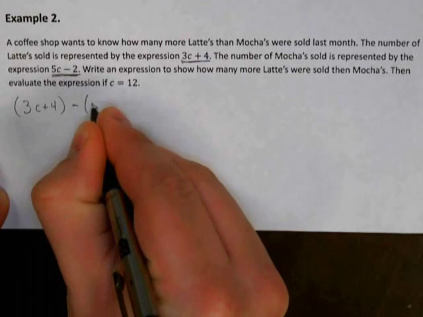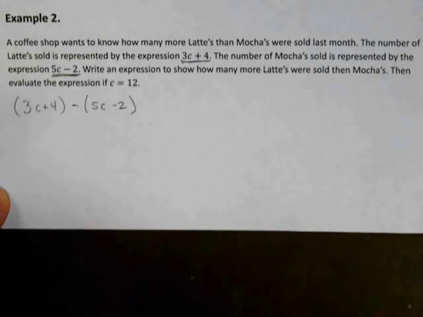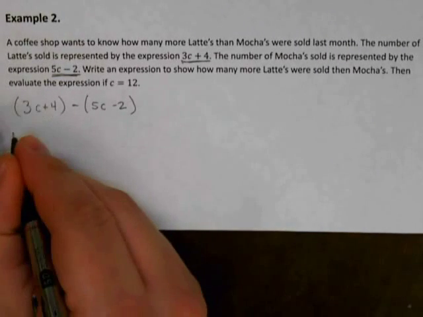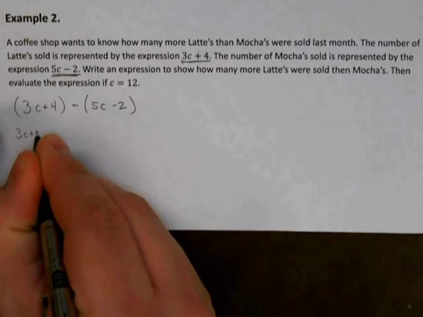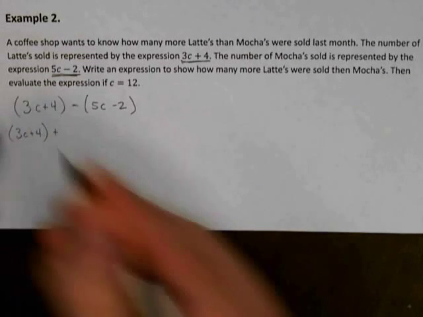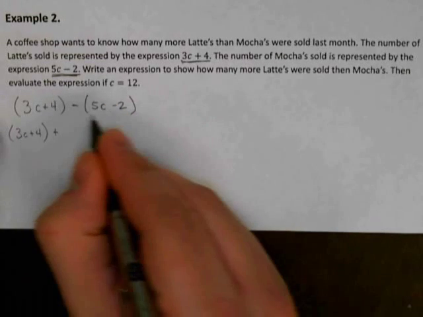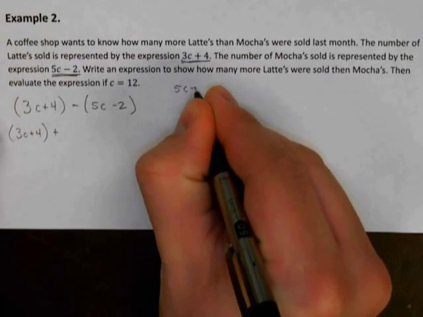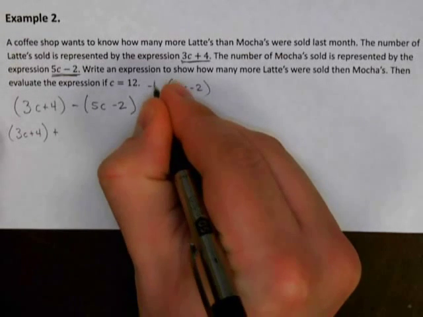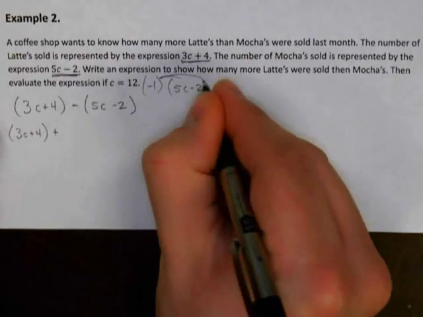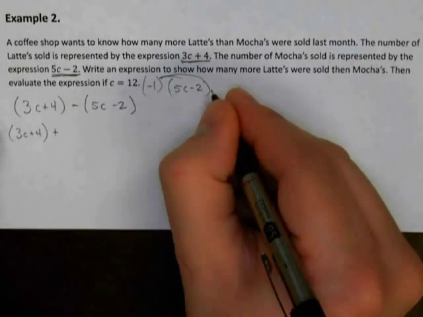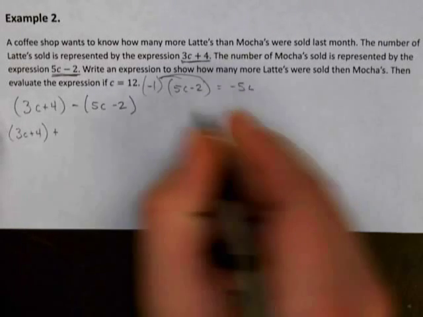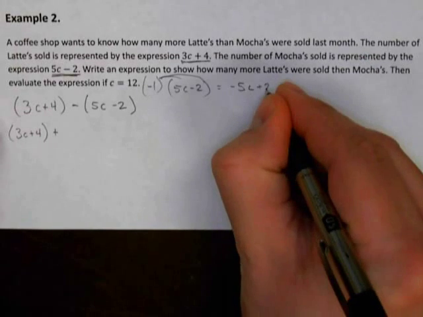So we have 3c plus 4 minus (5c minus 2). Okay, so again, I'm going to rewrite this expression as an addition statement. I'm going to have 3c plus 4, and I'm going to add it to whatever the additive inverse of 5c minus 2 is. So I'm going to take 5c minus 2, multiply that by -1, and distribute the -1 in. -1 times 5c is equal to -5c, and -1 times -2 is just +2.